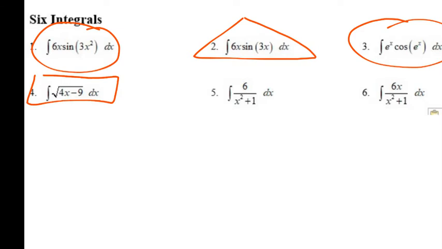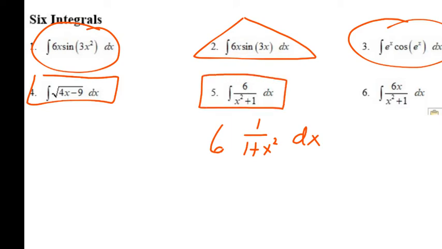Now, when you look at number 5, it really is a problem that you have to recognize as a special basic problem. The reason it's special is because it's going to be of the form 1 over 1 plus x squared. And if you can recognize that it's 1 over 1 plus x squared, then you'd be able to determine that number 5 is going to be an inverse tangent.